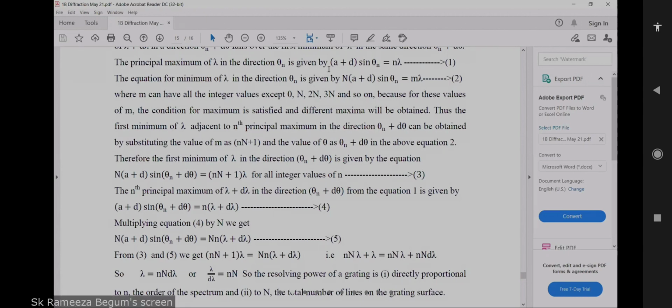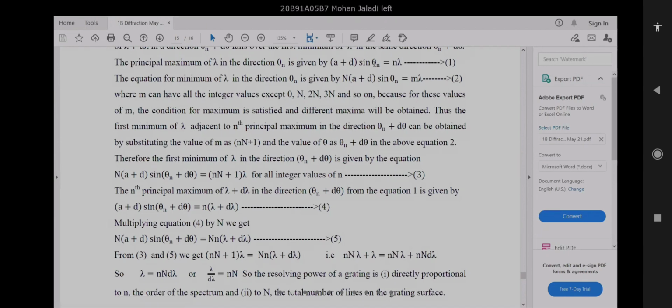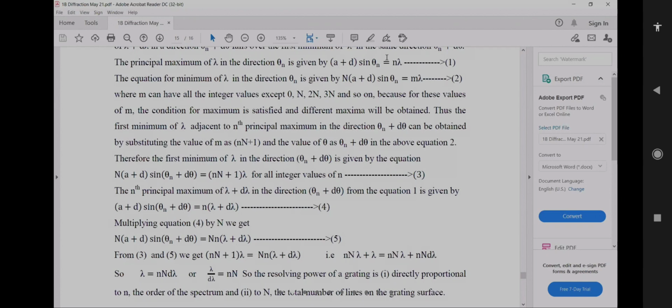Here, in the place of theta n, we take theta n plus d theta, so (a plus d) sin(theta n plus d theta) is equal to n into (lambda plus d lambda). From this equation.